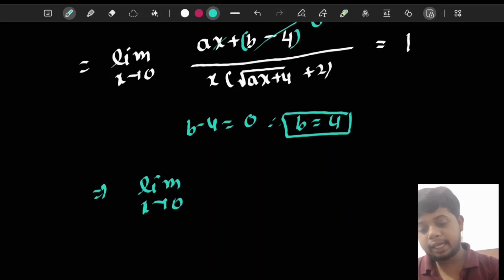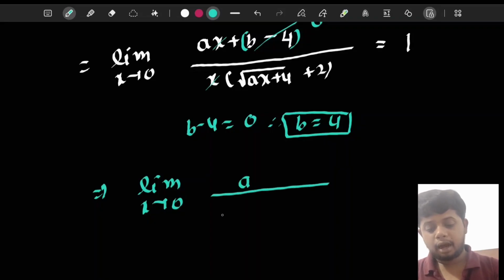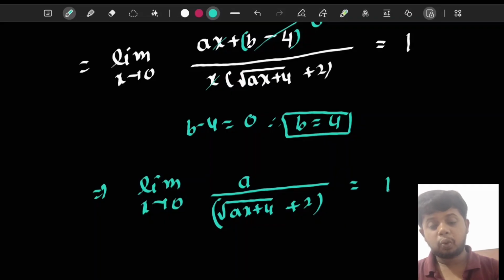This x and x will cancel each other, and I am getting a by under root of ax plus 4 plus 2 equal to 1. 0 by 0 form gone. Correct. We'll say yes sir, it's gone.